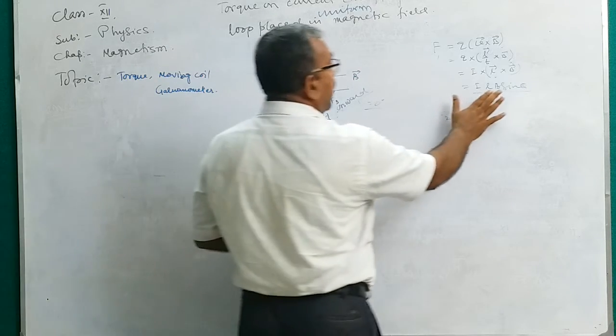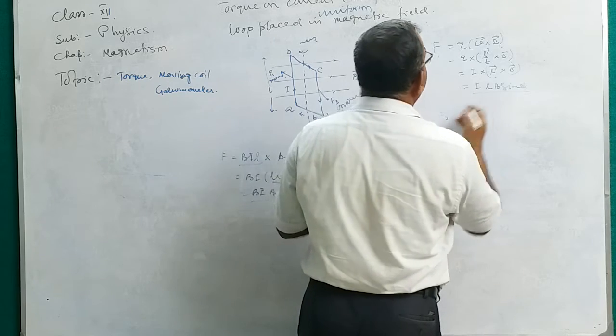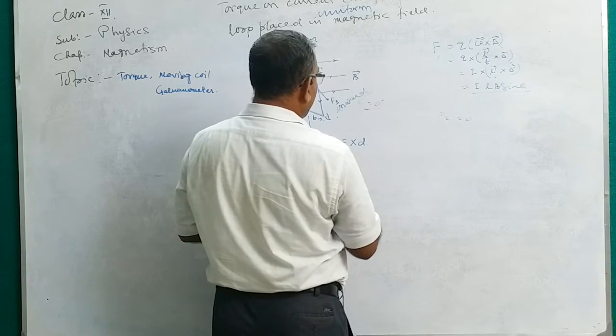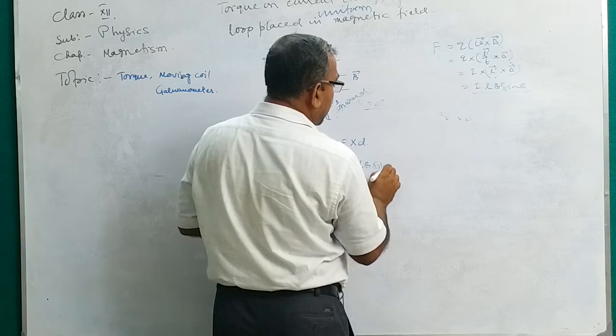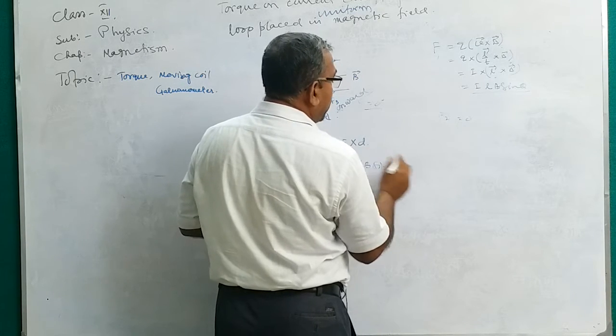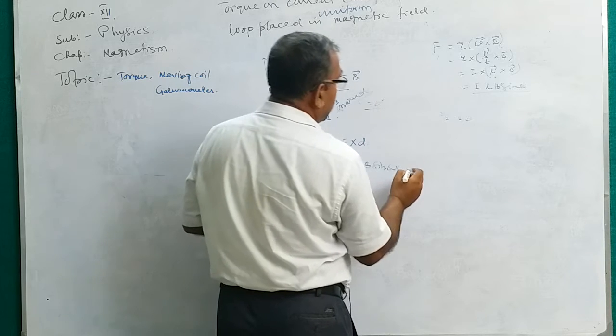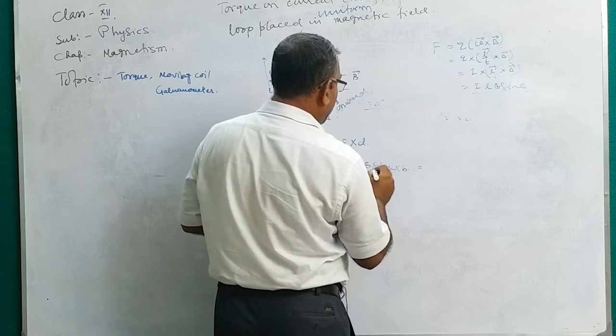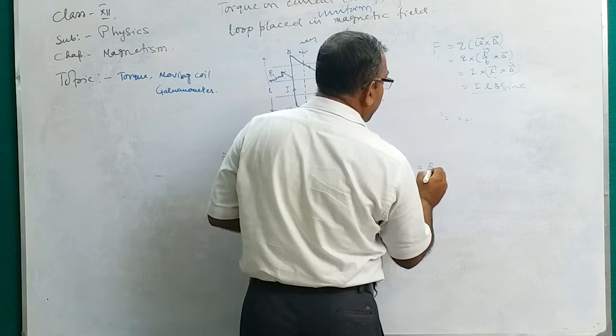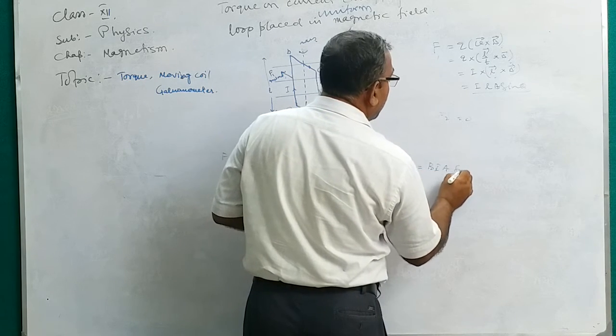F equals I into L into B into sin theta, into D, meaning AD. So that value will be B into I into A into sin theta.